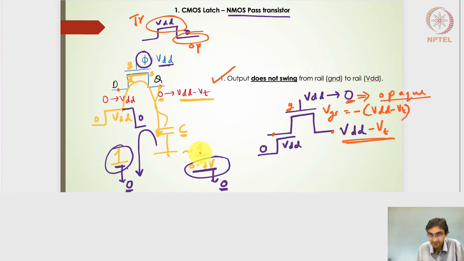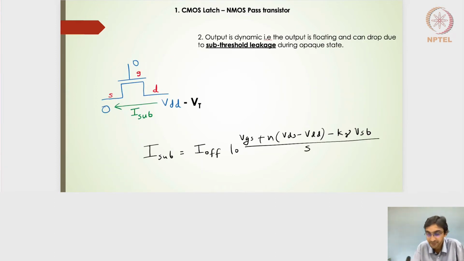So it doesn't pass a successful logic level 1. It is passing a very weak logic level 1. So that is one of the disadvantages: the output doesn't swing from rail to rail. It actually swings from ground to VDD minus VT. Alright, hope this is clear.